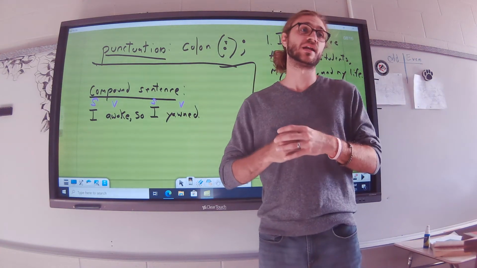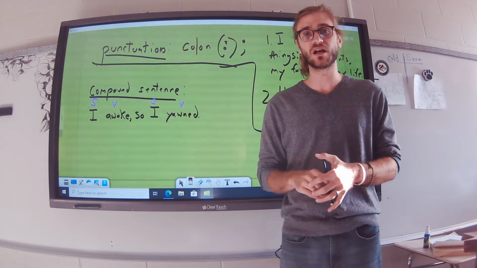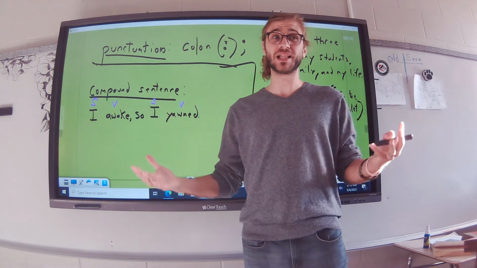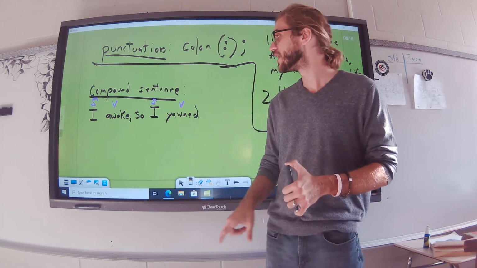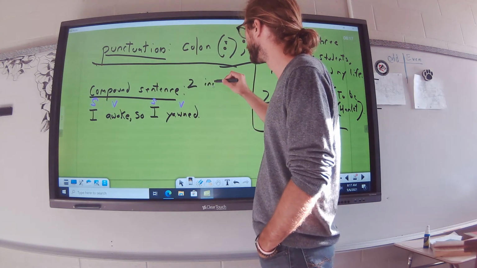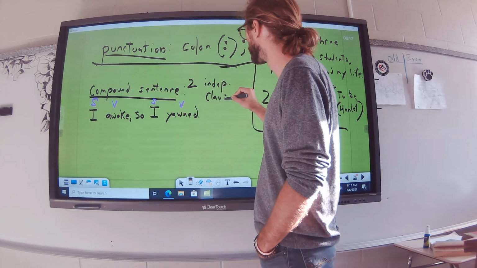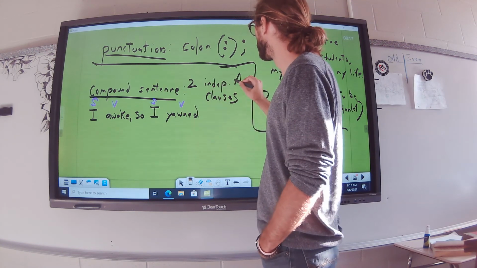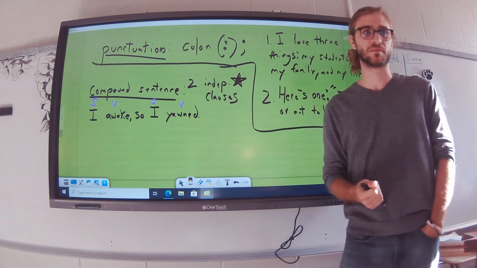Now remember, you could have complex sentences, which have a dependent clause and an independent clause, and you could have a compound complex sentence, which has two independent clauses and one dependent clause. A compound sentence just has two independent clauses, right? So make sure you understand that. You're going to be asked a question about that. Okay.